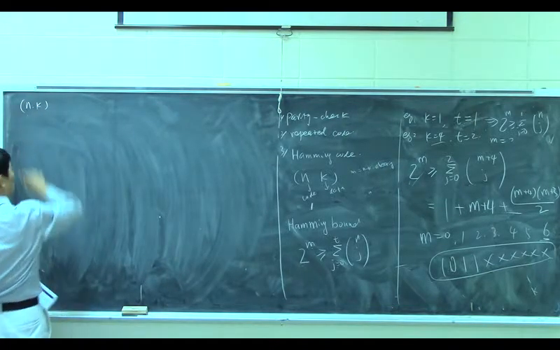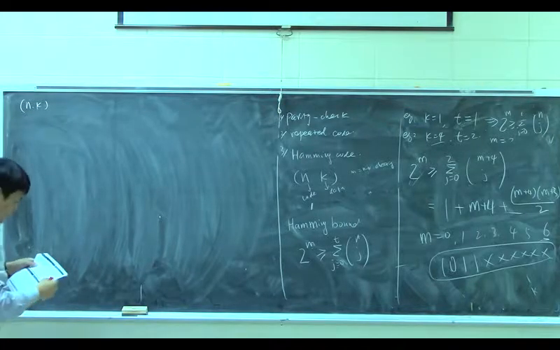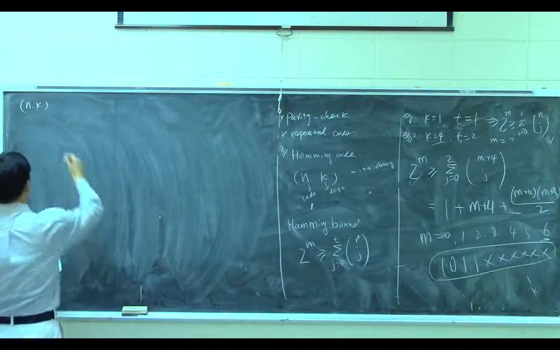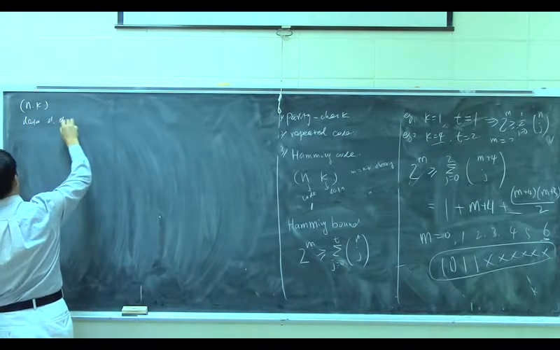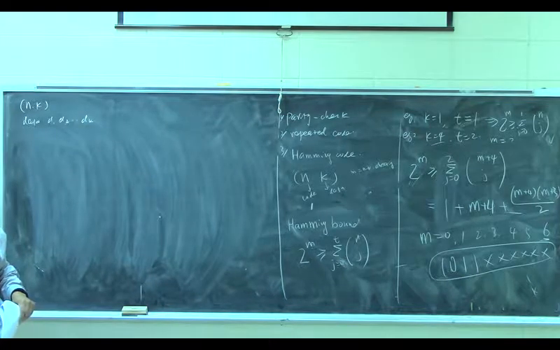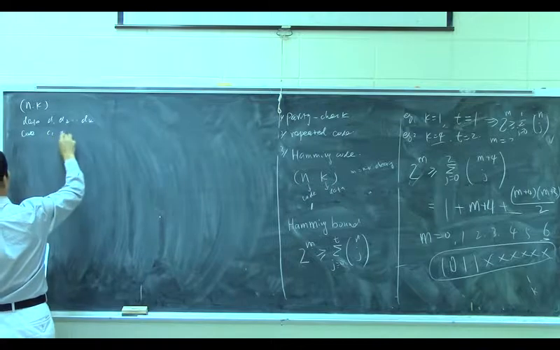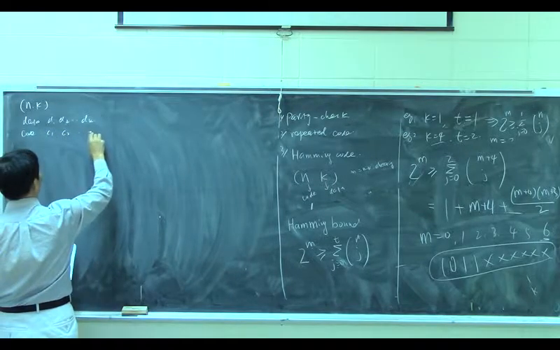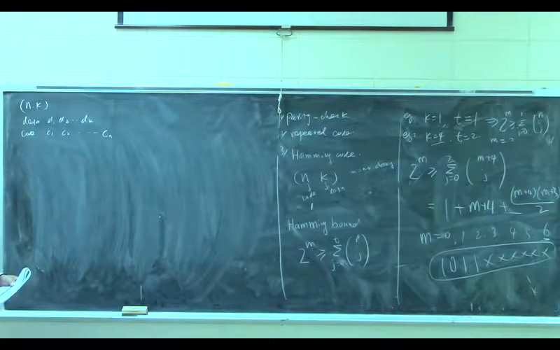An (n, k) code for data D1, D2, ..., Dk, and code C1, C2, ..., Cn.